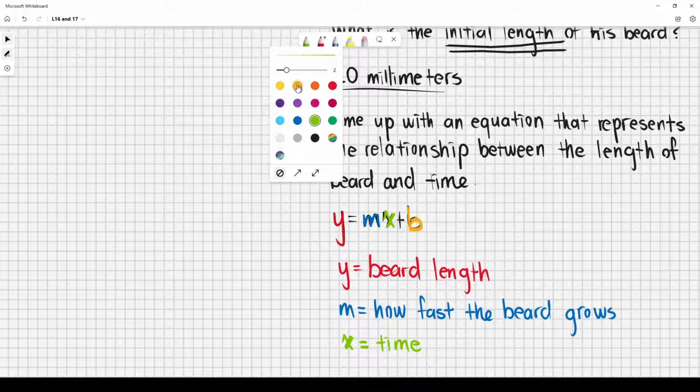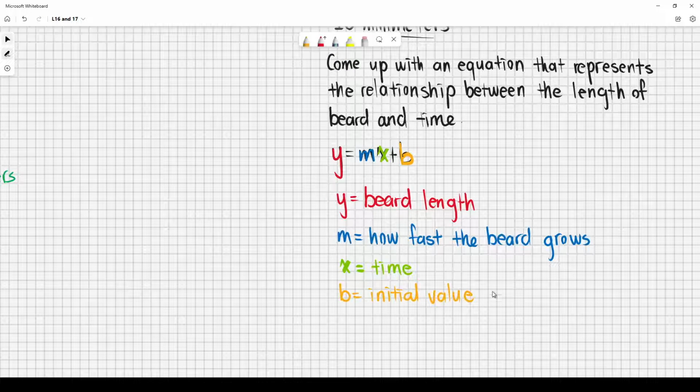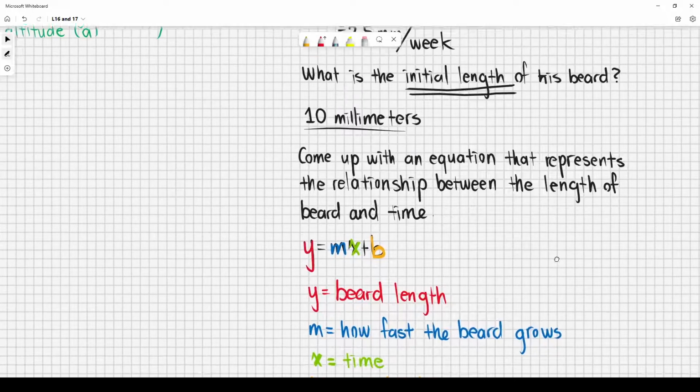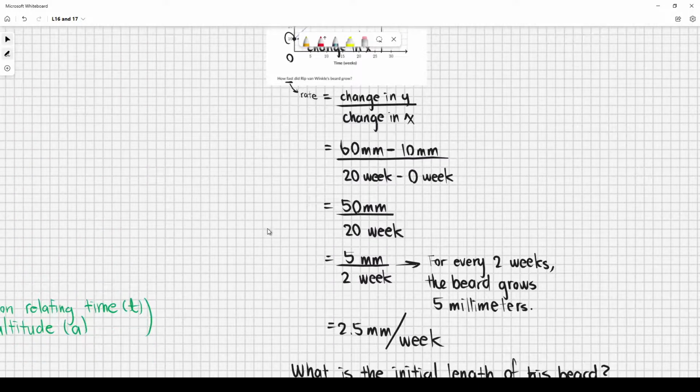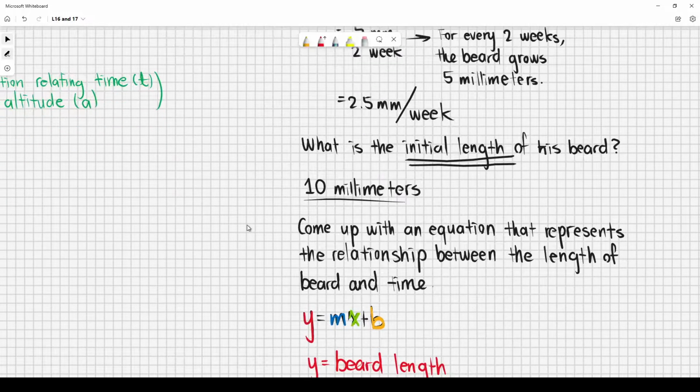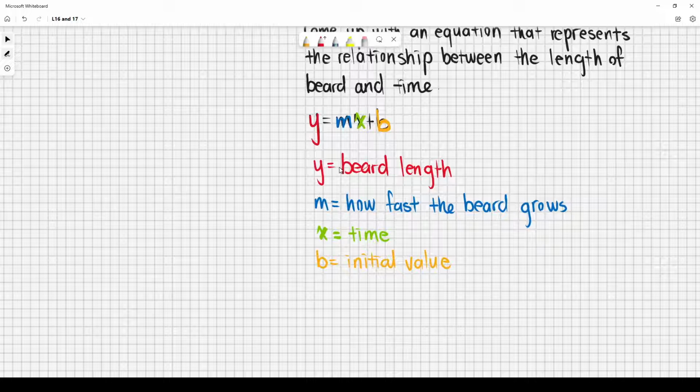And b is the y-intercept, so that is the initial value. We in fact have all this data from the last two questions. We have how fast it is, and we have the y-intercept. And we don't really need a value for y and x. That is changing, right?